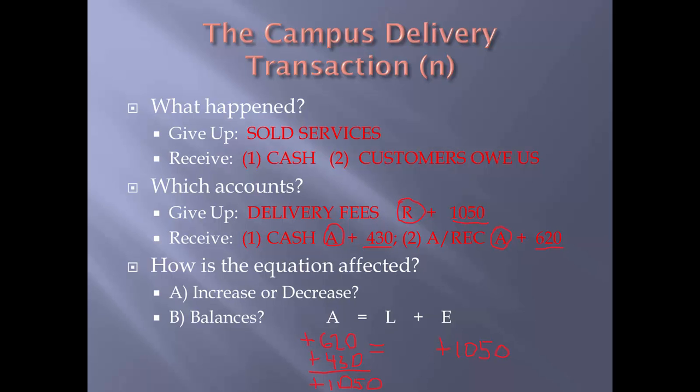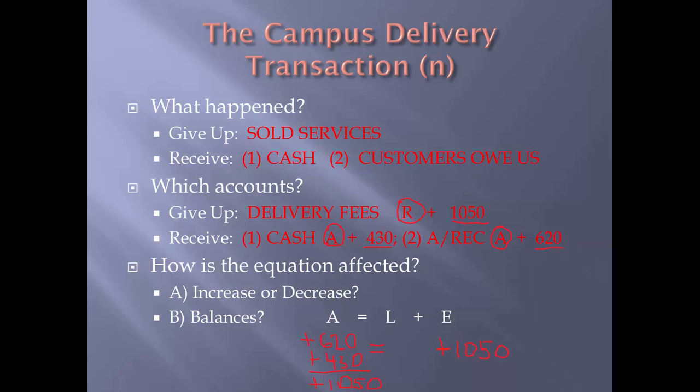Okay, and our increases and decreases. We sold more services than we did 5 minutes ago. We have more cash than we did 5 minutes ago, and customers owe us more than they did 5 minutes ago. So we have pluses on all those things.